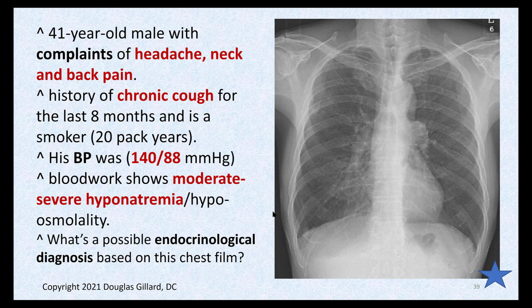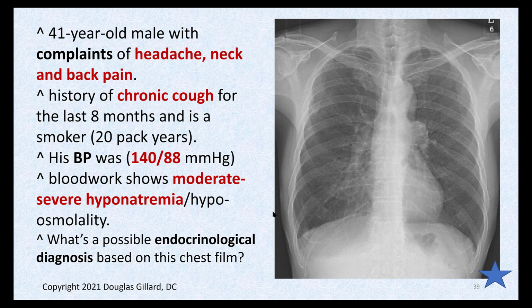A 41-year-old male with complaints of headache, neck pain, and back pain comes in. Long history of chronic cough, 20 pack year smoker. Blood pressure was slightly elevated, 140. That's barely hypertension according to most of the board books. Remember, the board books haven't adopted those complicated guidelines.